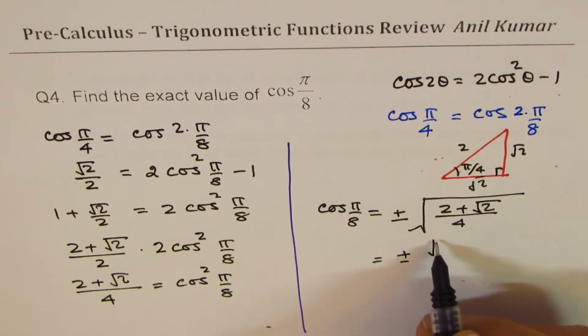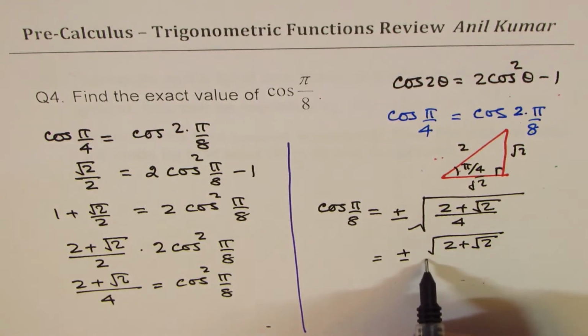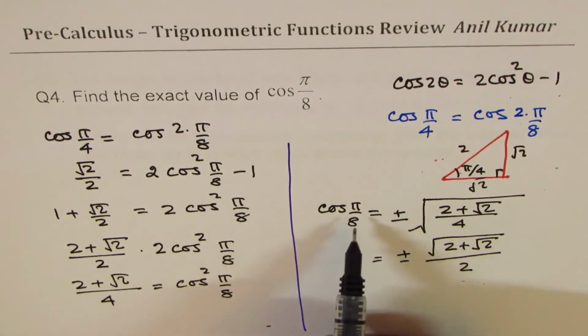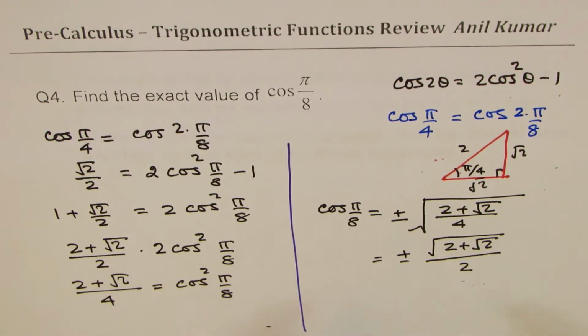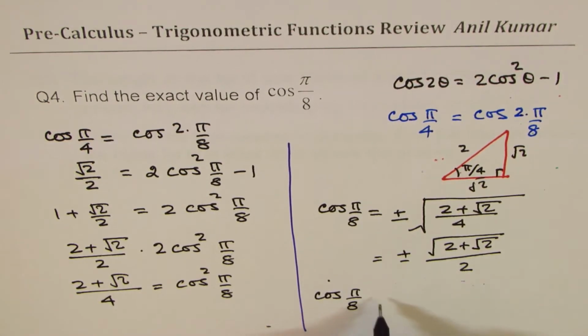So square root of 2 plus square root 2, divided by 2. Does that make sense to you? So that is how you actually get the formula for cos pi by 8. Now since cos pi by 8 is in quadrant 1, we'll take the positive value, right? So we'll say cos pi by 8 has to be positive, right?